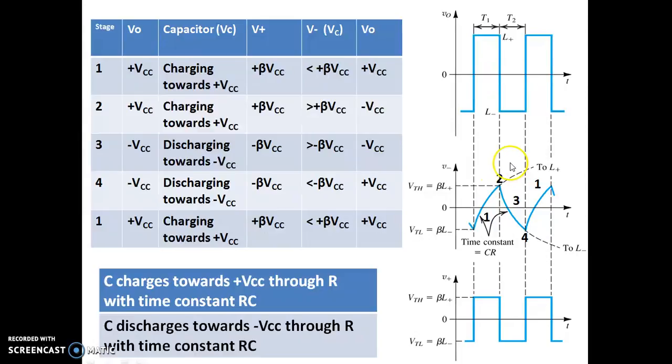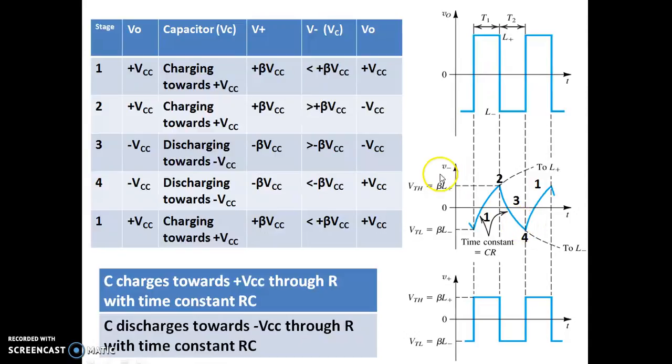Now the output has become minus VCC. That is the third stage. In the third stage, the output is minus VCC, and the capacitor is discharging towards minus VCC. Whenever the output is minus VCC, the voltage at the non-inverting terminal becomes minus beta VCC. So V plus is minus beta VCC, and the capacitor is now charging towards minus VCC.